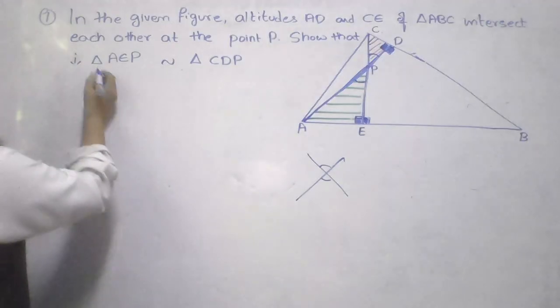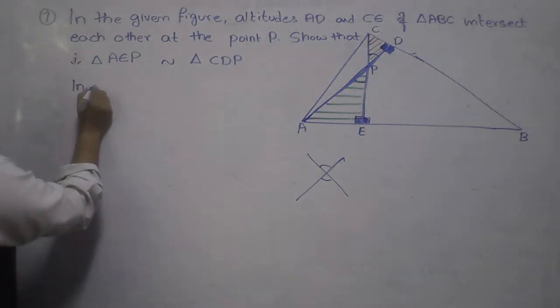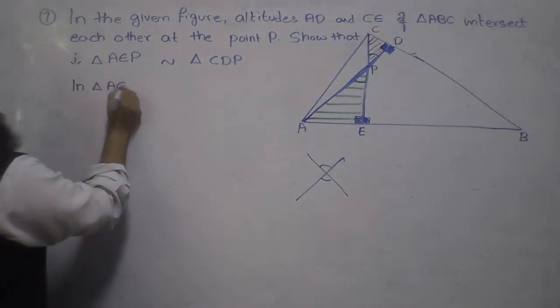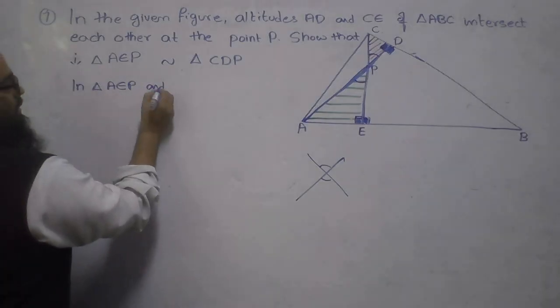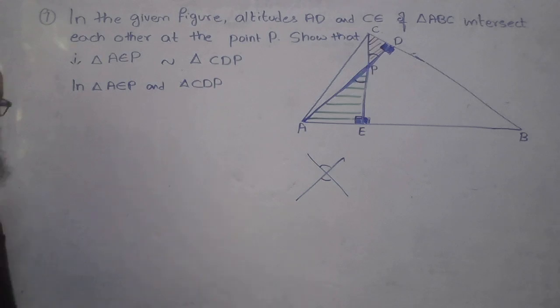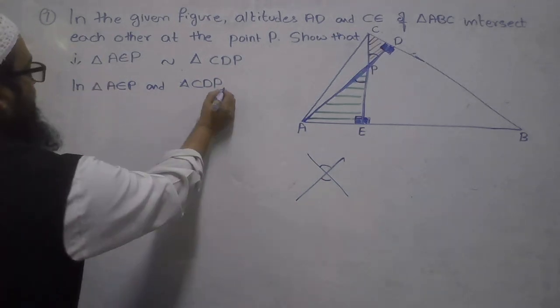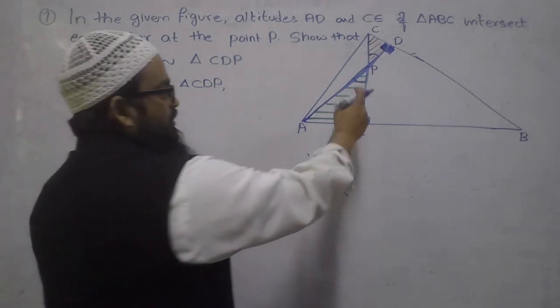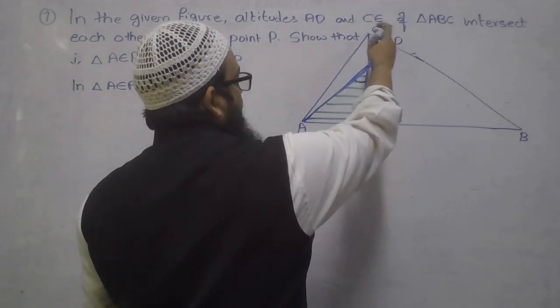Let us go to triangle AEP and triangle CDP. Students, please follow the margin and write the steps. Which are equal, my dear students? The first one is angle APE equal to angle CPD.